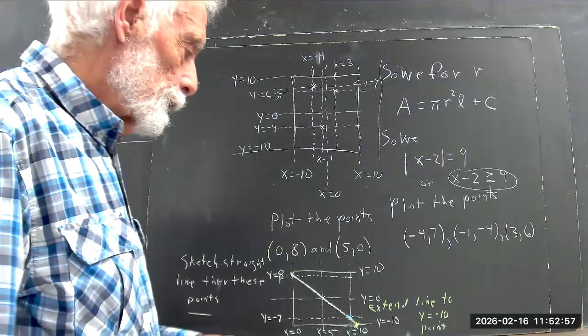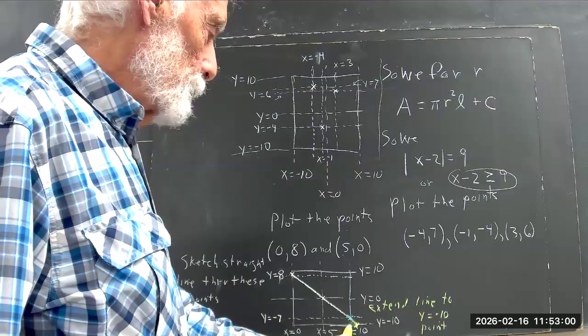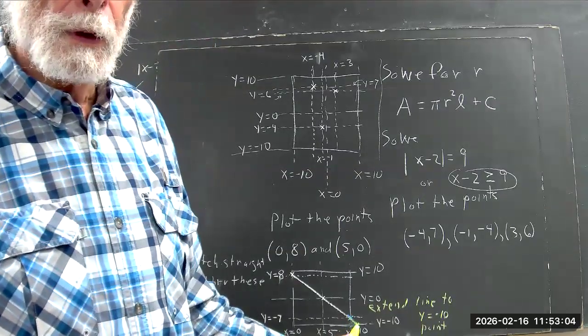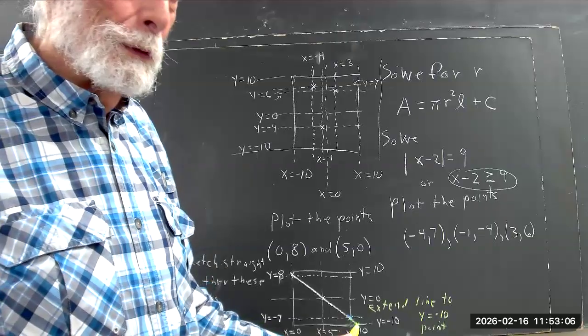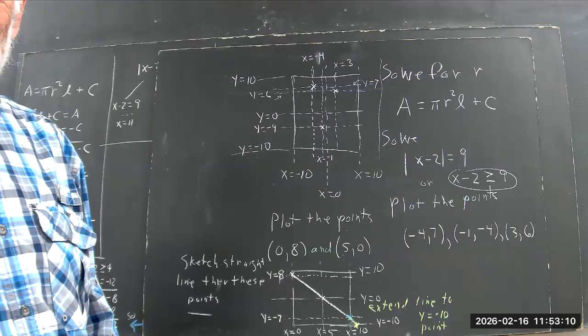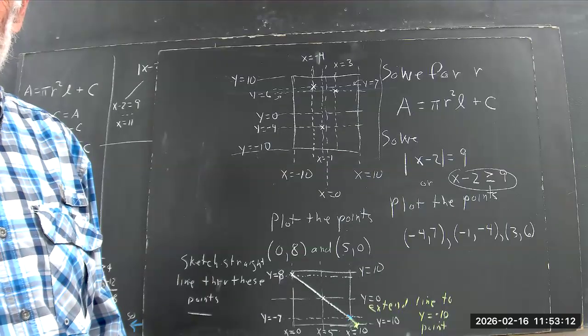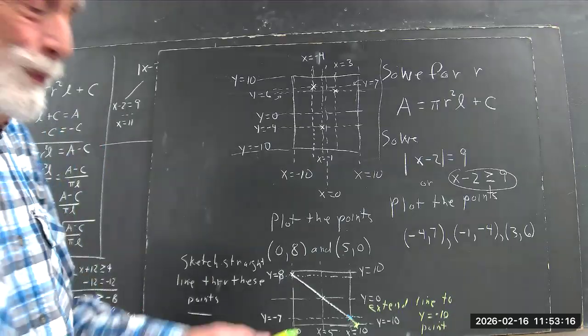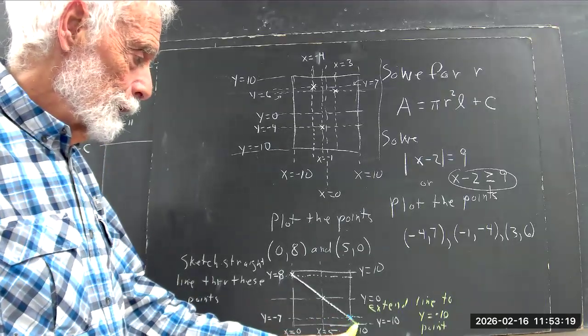Now, how far do you think it is from the x equals 10 line to this point that I just marked on the lower edge? Show me with your fingers. In one hand, okay? What do you think? How far is it from here to here?